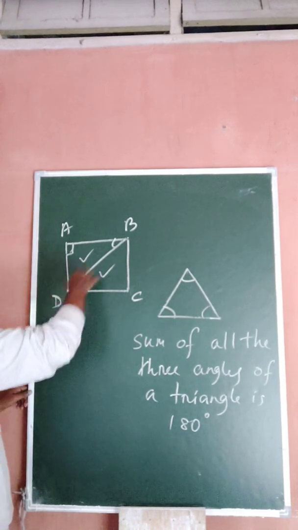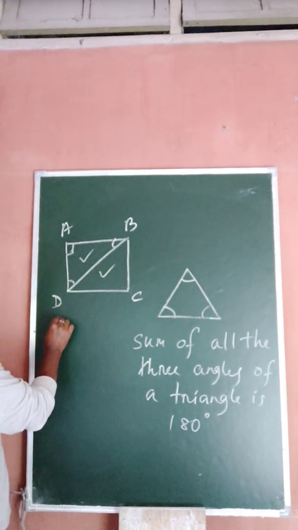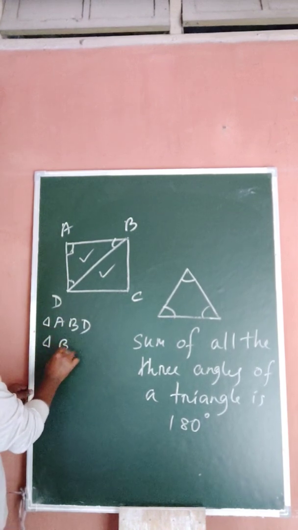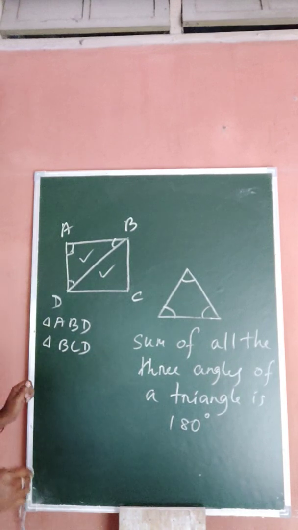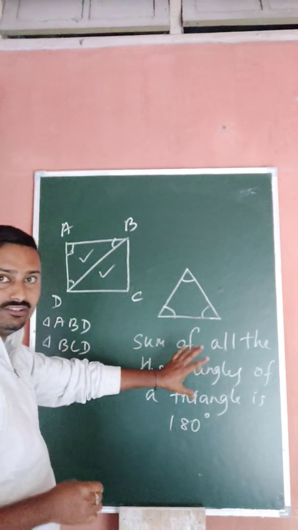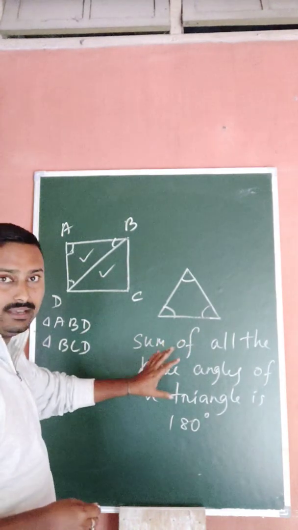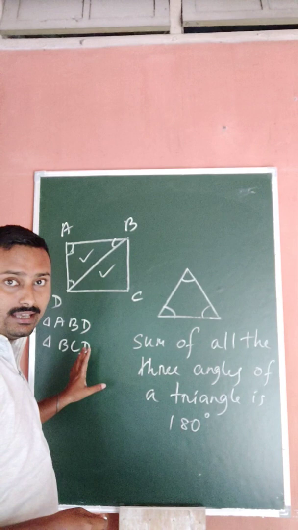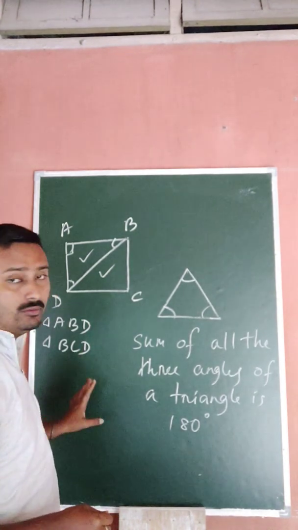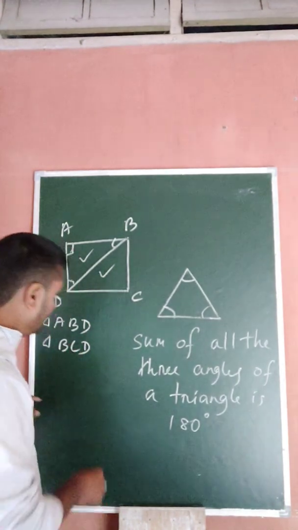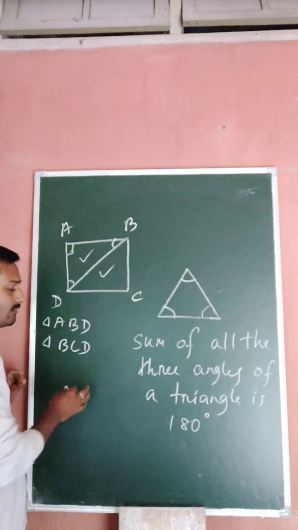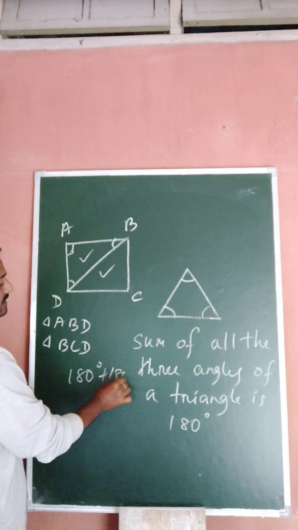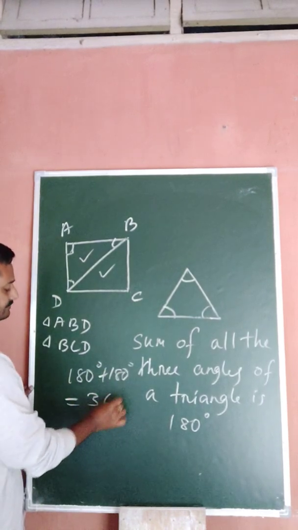If you join B and D, then ABD will be a triangle and BCD will be a triangle. According to this theorem, the angle sum property, the sum of all the angles of ABD will be 180 degrees and the sum of all the angles of BCD will be 180 degrees. That is why in the case of a quadrilateral, the sum of all the angles is 180 degrees plus 180 degrees, which becomes 360 degrees.